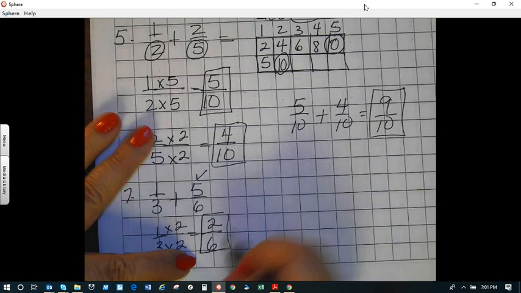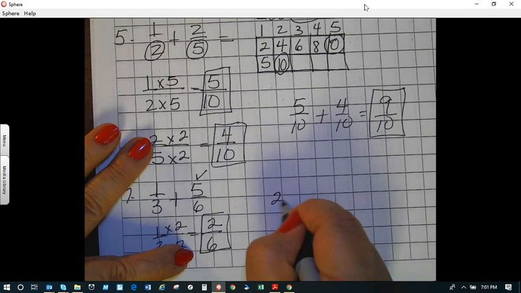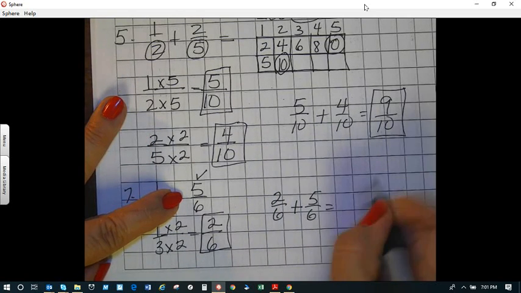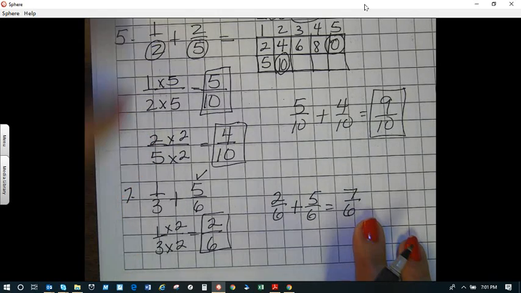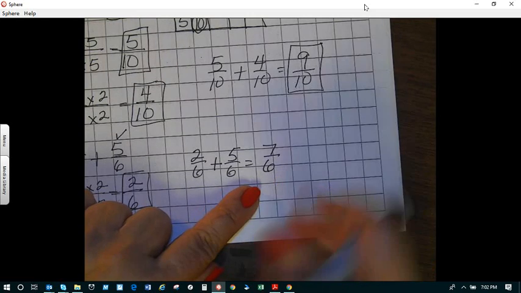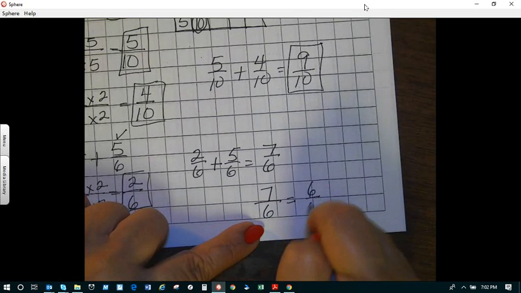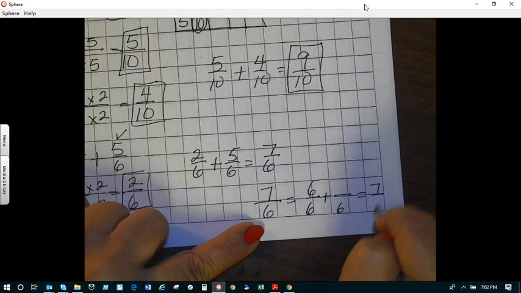So now my 1/3 was changed to 2/6, plus my 5/6 equals 7/6. Well, look at this, though. 6 over 6 is 1 whole, so this is greater than 1. Now, I showed you in your notes what you can do, but you can also do this: if you have 6 over 6 plus what over 6 will equal 7/6.